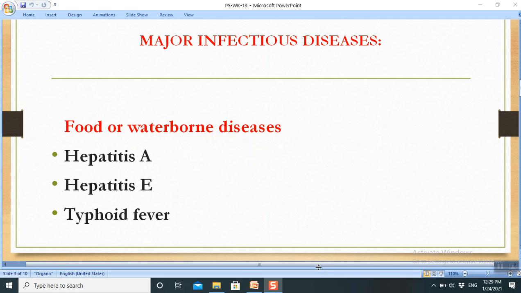These diseases normally happen, like hepatitis A, hepatitis B, hepatitis C, hepatitis E. But A and E, plus typhoid fever, are the common infectious diseases because of food and water. Hepatitis A happens because of eating impure food or drinking impure water.